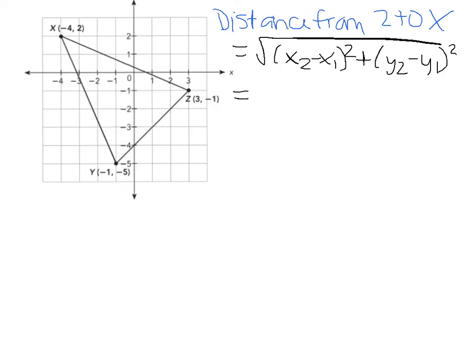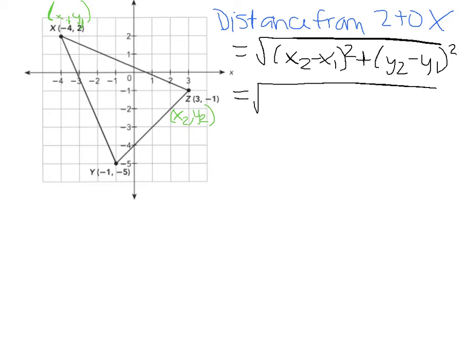Now let's assign our values for x1 and x2. So I'm going to make X my x1, y1, and Z, I'm going to make x2, y2. So now let's plug those values into our equation.